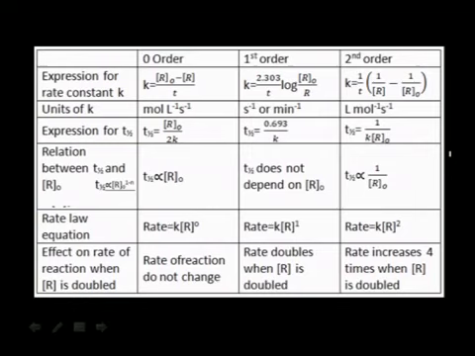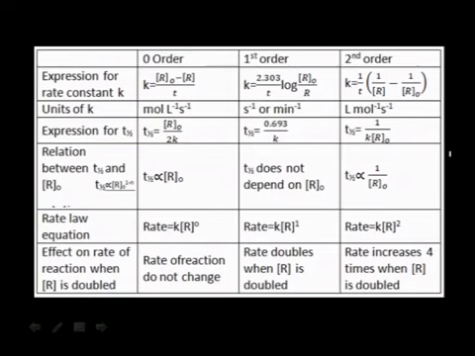Using this formula, for a zero order reaction, T half is directly proportional to initial concentration. For a first order reaction, T half does not vary with R naught. For a second order reaction, T half is inversely proportional to R naught.